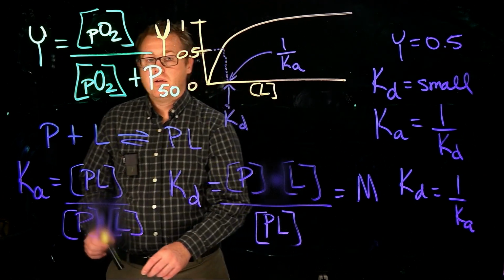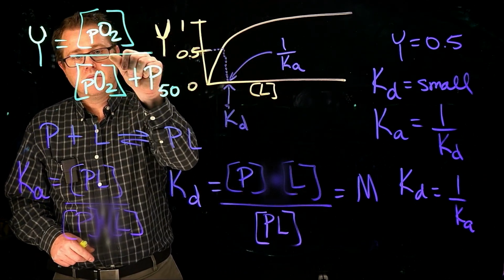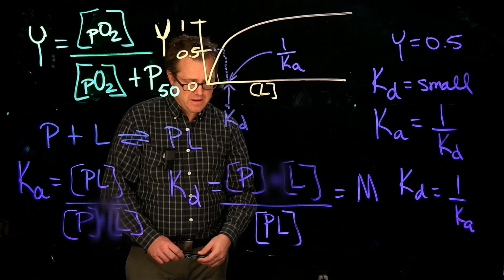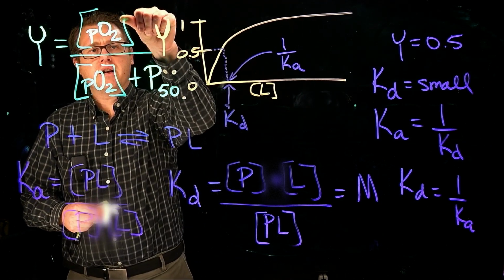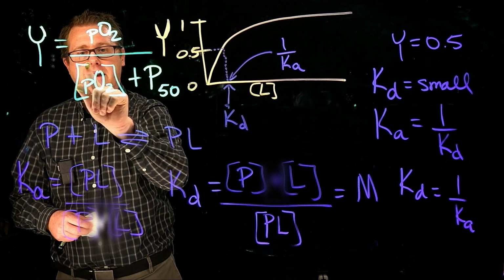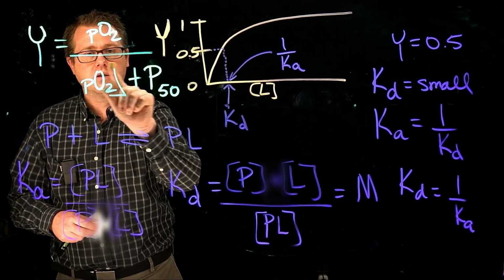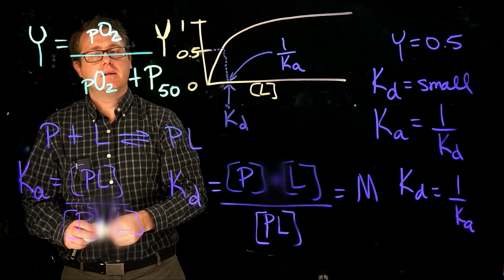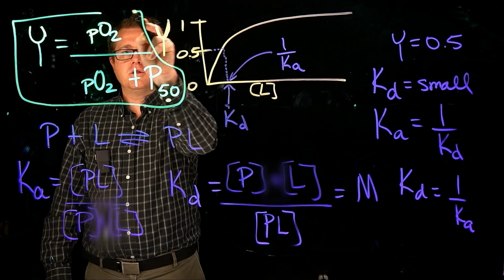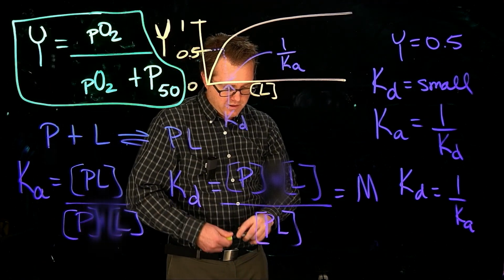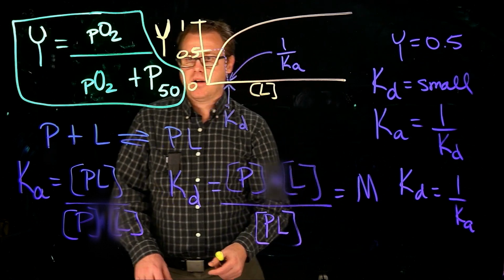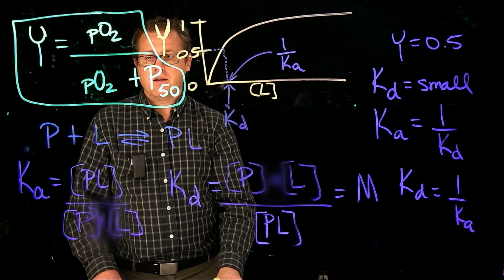So the equation would look just like that. And with partial pressures, you would just get rid of the concentration brackets, like so. So for myoglobin, that is the new and improved looking equation. Let me just say it again to make sure we're all on the same page.